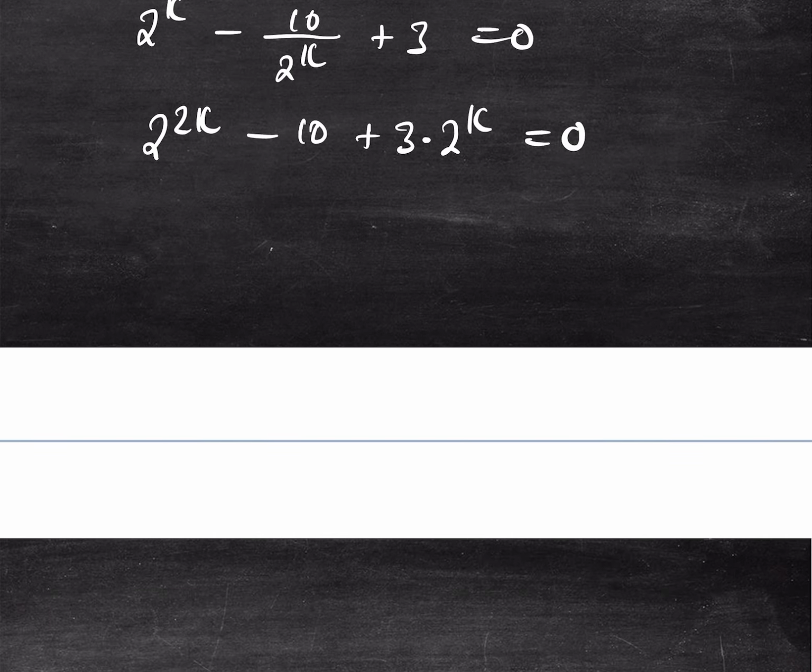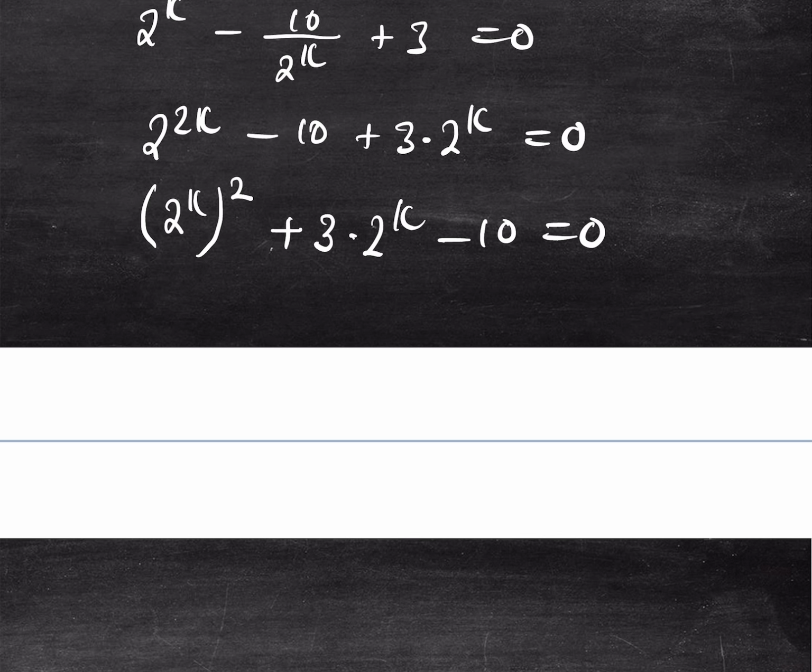As a result, that is going to be the same as 2 to the power k to the exponent 2, and then plus 3 multiplied by 2 to the power k minus 10 is equal to 0. That's how you're going to solve that.